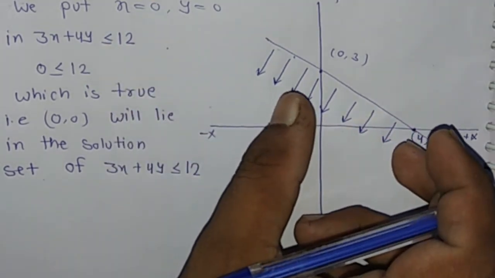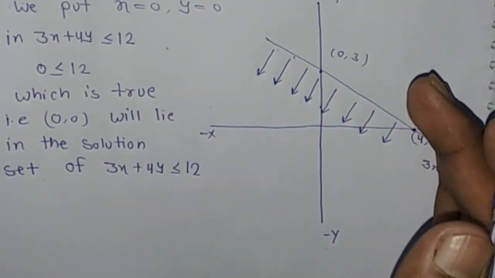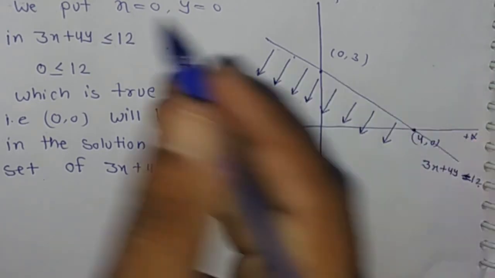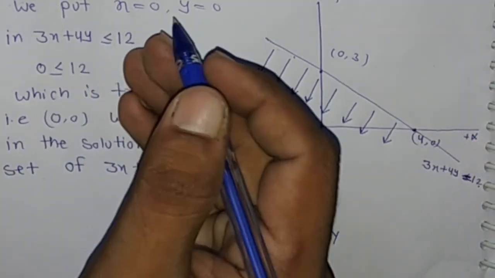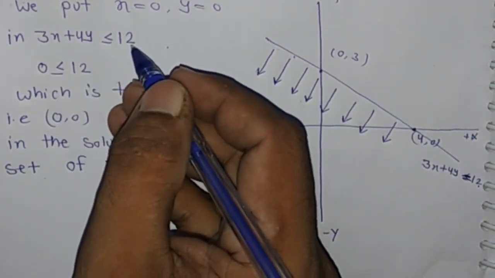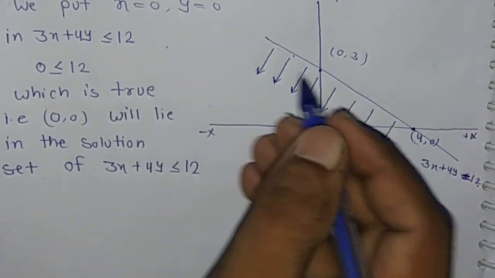These arrows are at some distance from the line 3x plus 4y equal 12, which means 3x plus 4y is not equal to 12. It is less than 12.